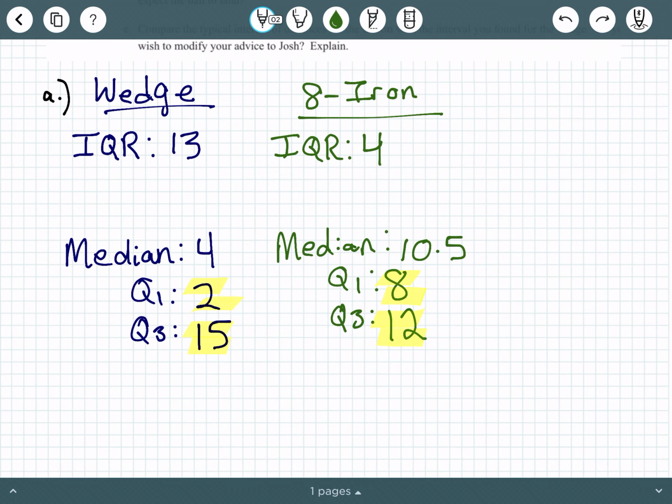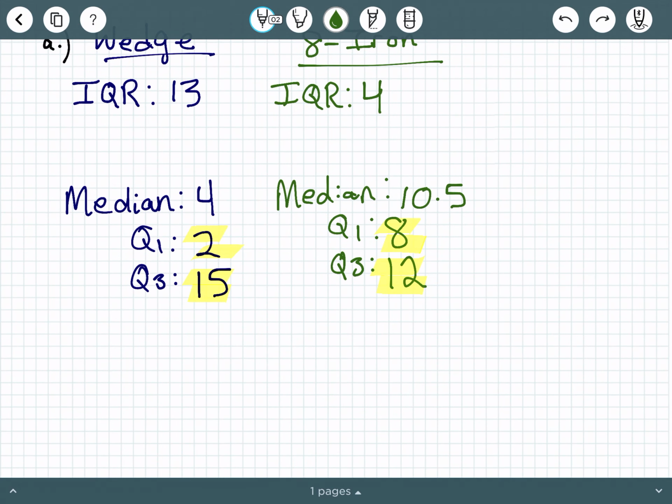He's getting distances that, the more we hit the ball with the 8 iron here, the more we are going to get scores that are within the same range. So in this case, we're going to say Josh is more consistent with the 8 iron.